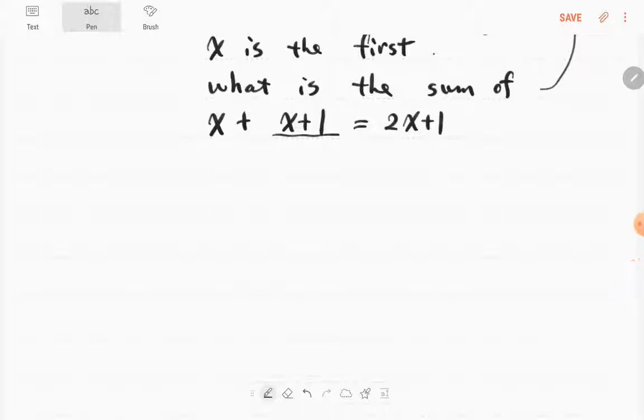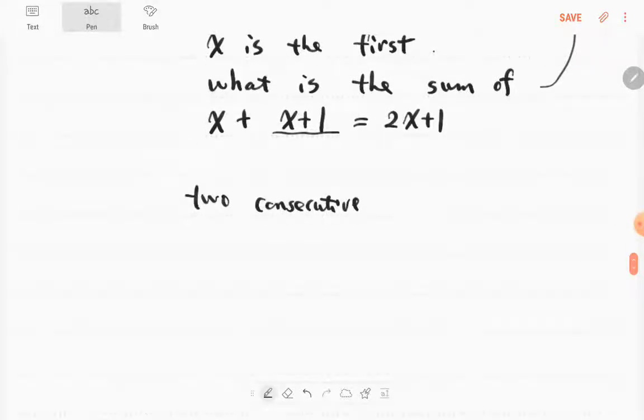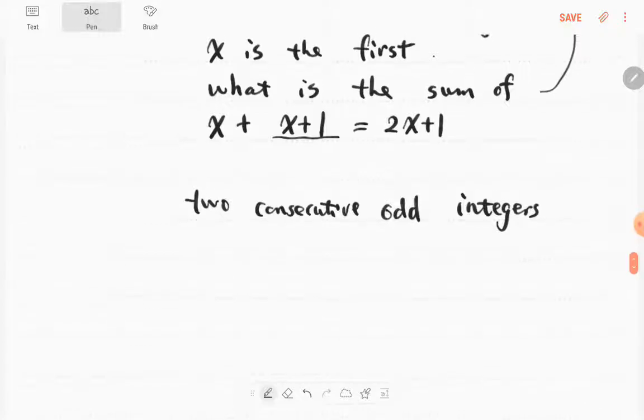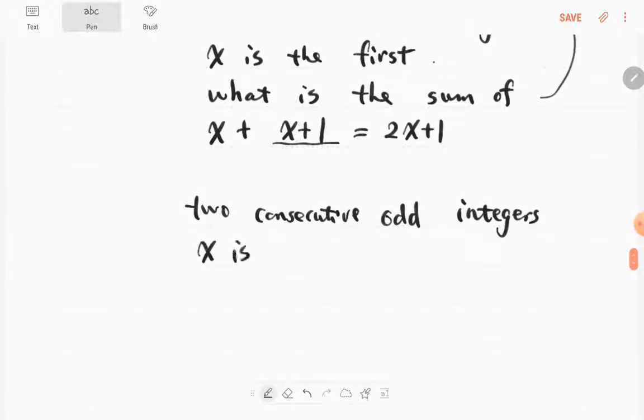So if this time we have two consecutive odd integers, and x is the first one, what is the sum?